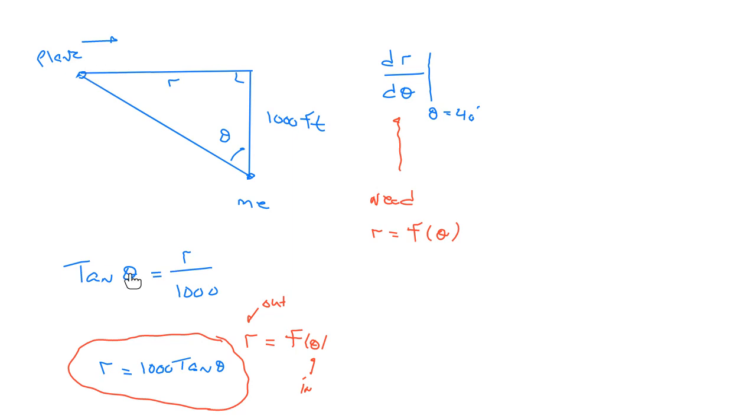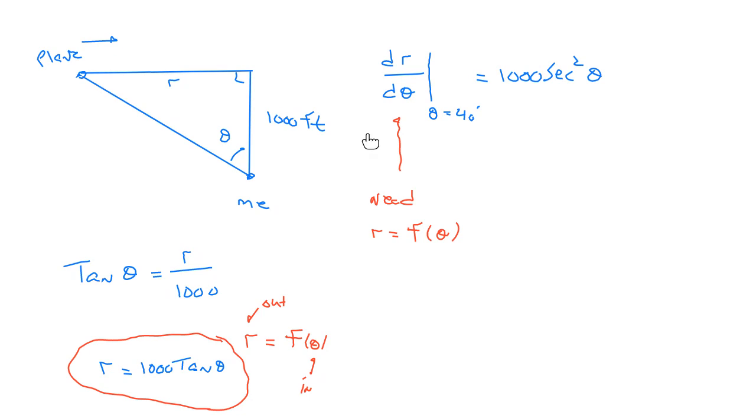Once you get that, the derivative, dr over d theta, is just the derivative of that formula, 1,000 tangent theta. So what's the derivative of 1,000 tangent theta? It turns out that's 1,000, because that's a constant, times the derivative of tangent theta. What's the derivative of tangent theta? Secant squared theta. Okay?